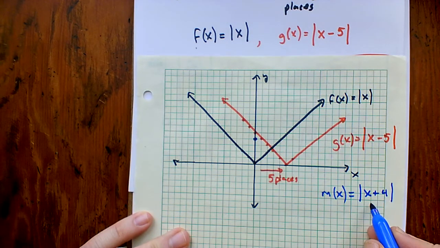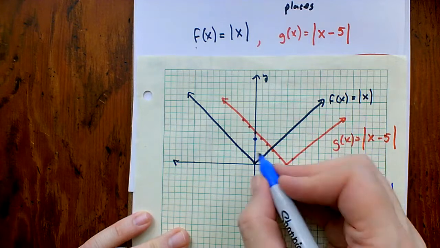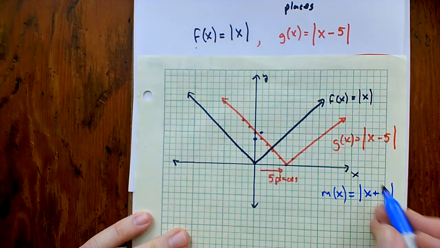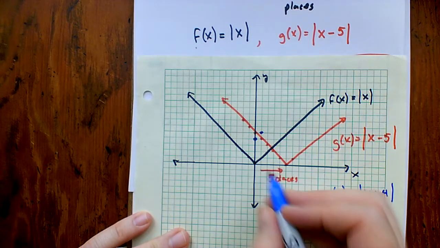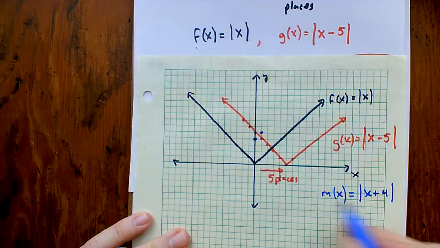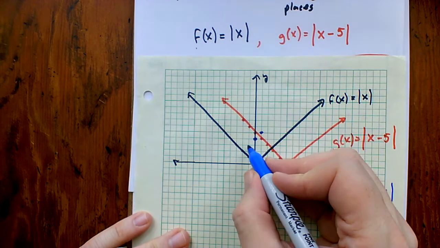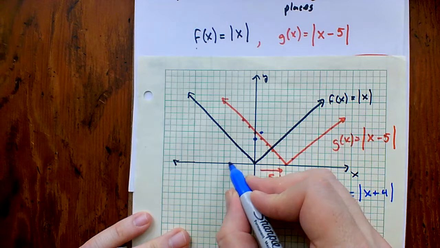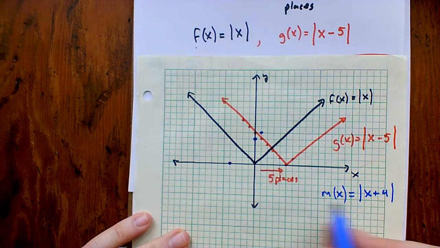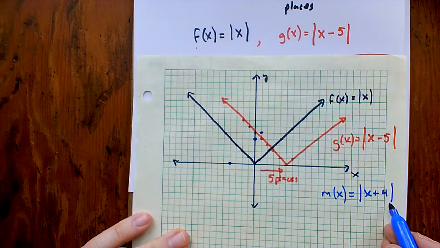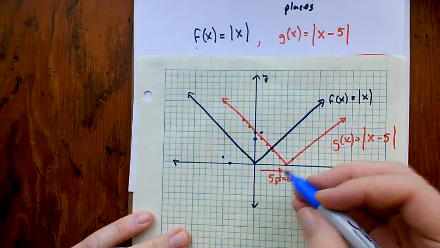If I were to plug in a 1, it would be the absolute value of 5. If I were to plug in a -4, that would be 0, because -4 plus 4 would be 0. -5 plus 4 would be the absolute value of -1, which would be a 1.